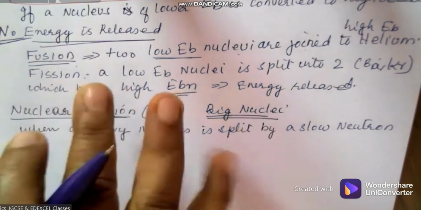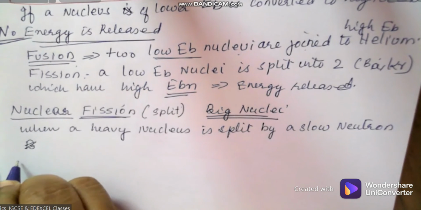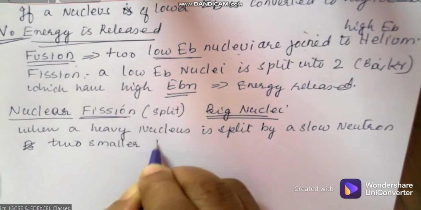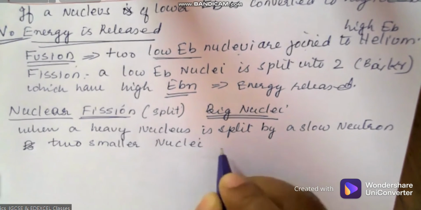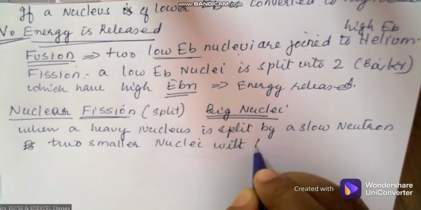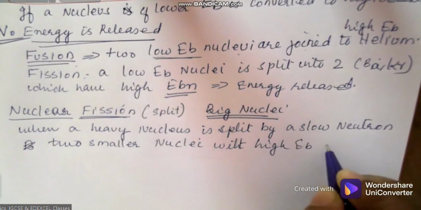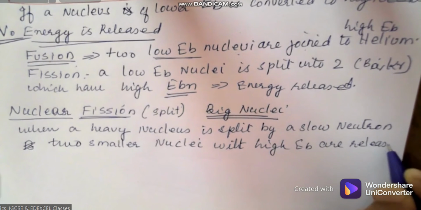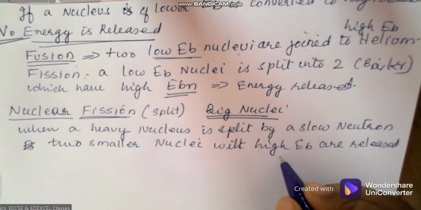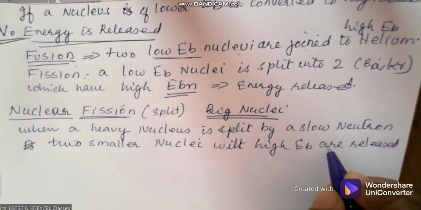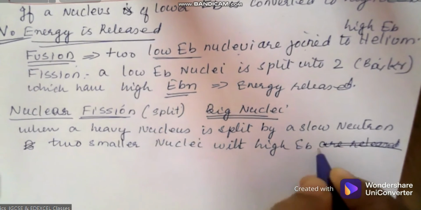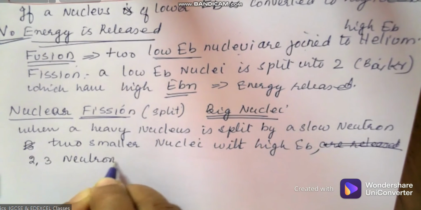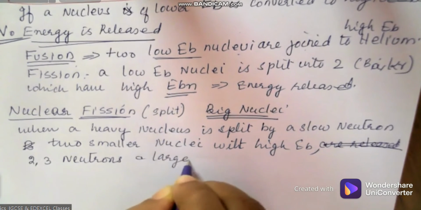There are many variations. One example only I'm giving. Two smaller nuclei with high binding energy are released, then two or three neutrons and a large amount of energy.